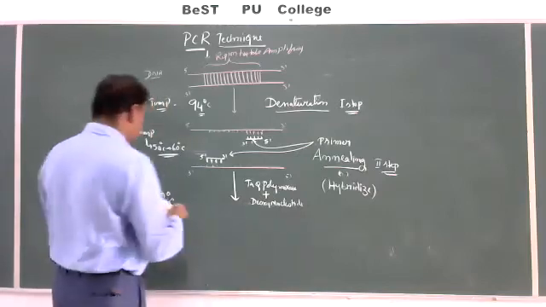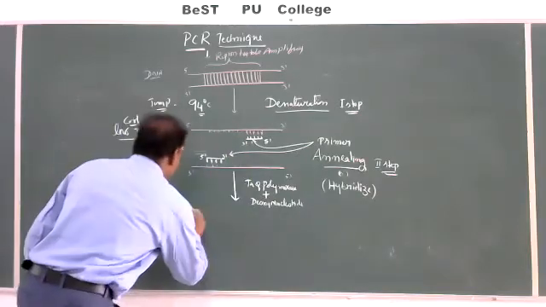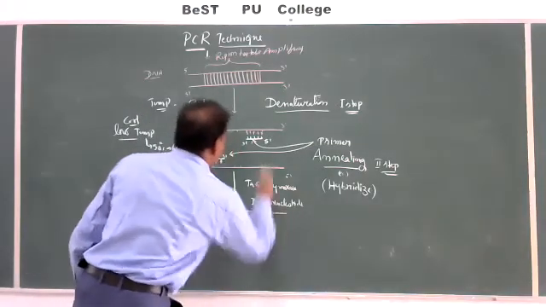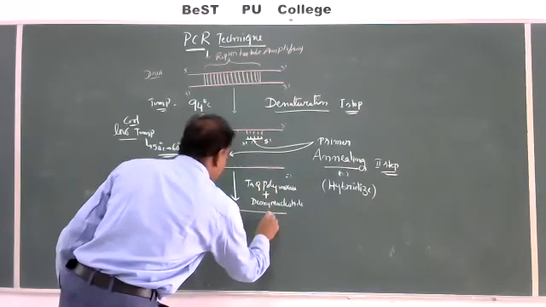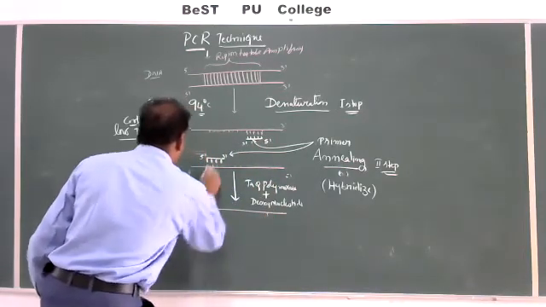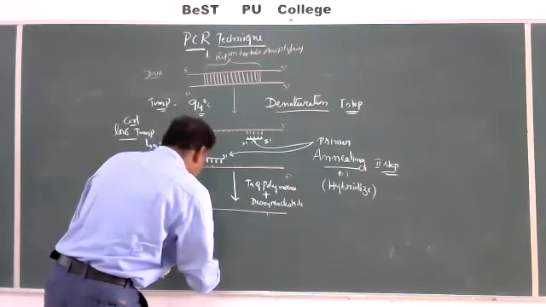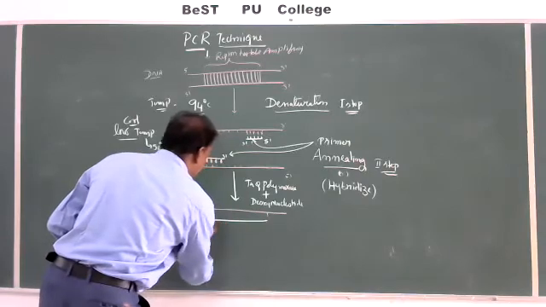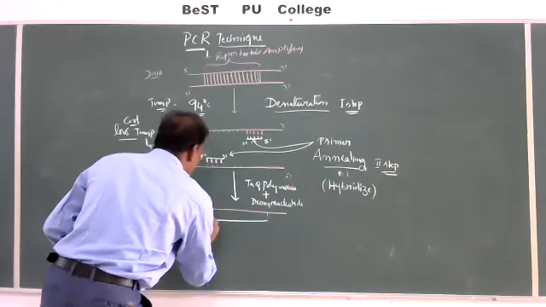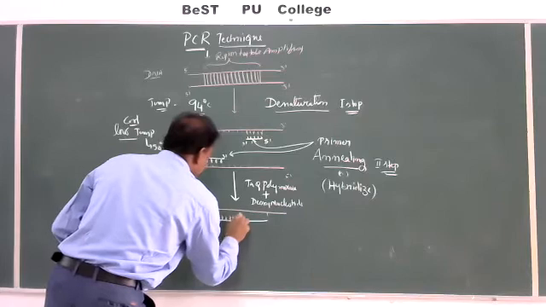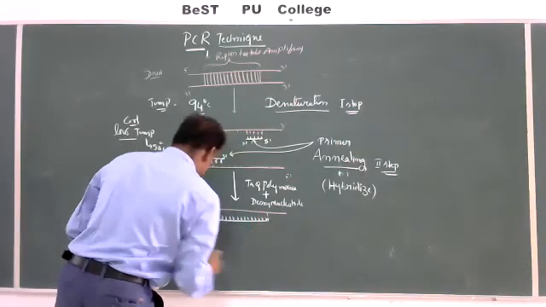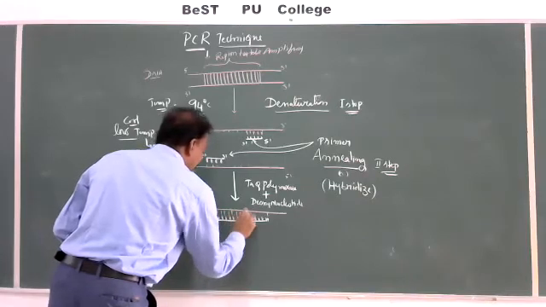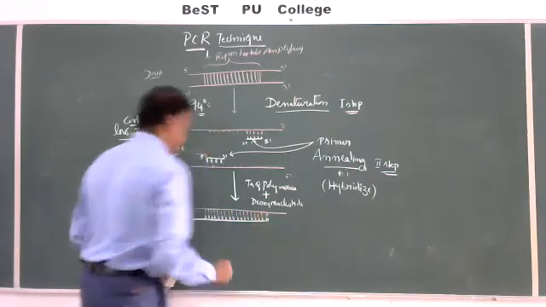So here what happens? Let us see. We have given here this, it will extend 5' to 3' direction, and it forms complementary new strand.